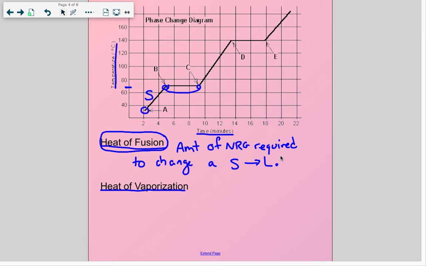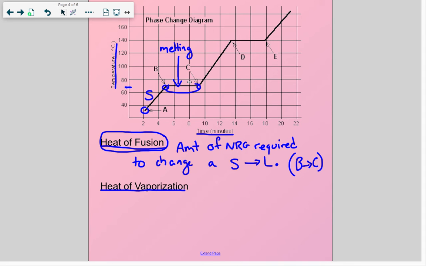And it's a certain amount of solid to a liquid, so it's based on a quantity in terms of mass. And so that occurs right between B and C. So from B to C is where that heat of fusion would take place. In this example, this would be melting. Okay, so from B to C would be melting.